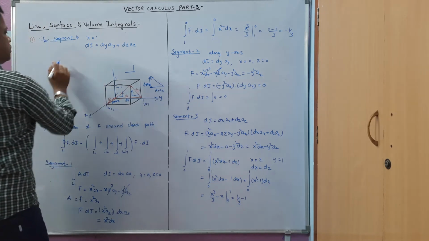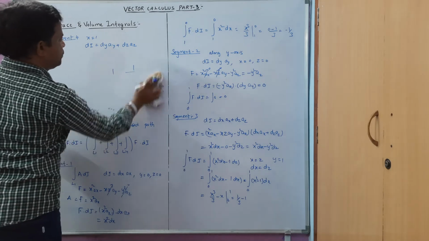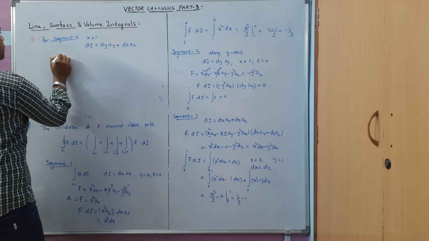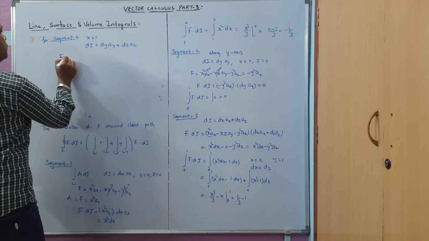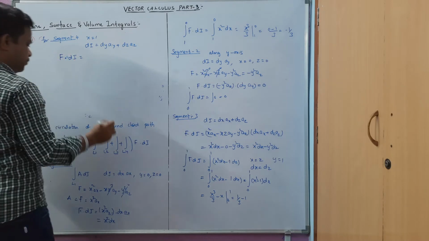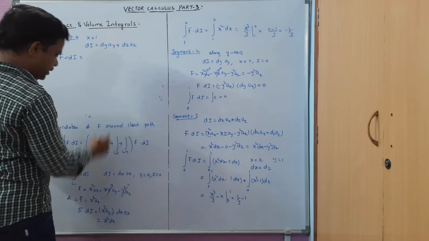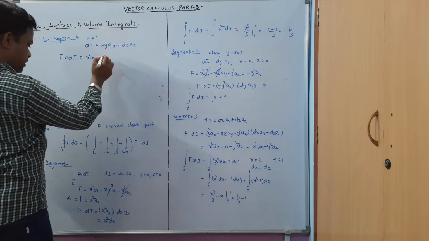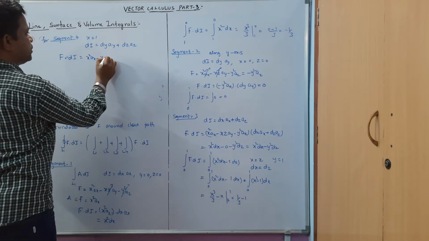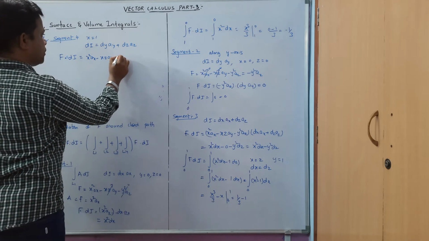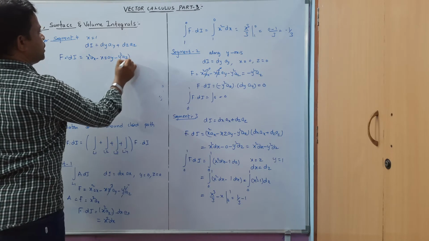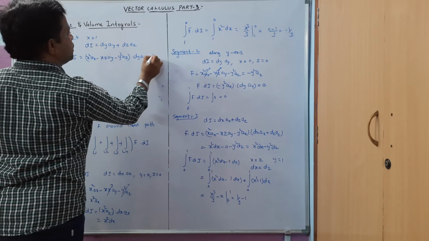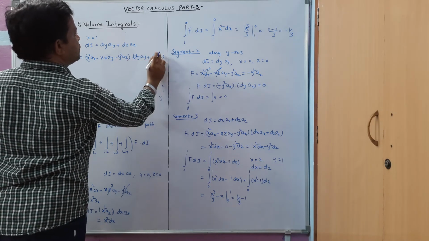Now the dot product of f dot dl, what it becomes, let us see. F dot dl. So f, what we have taken, x square ax minus xz ay minus y square az, dot dy ay plus dz az.